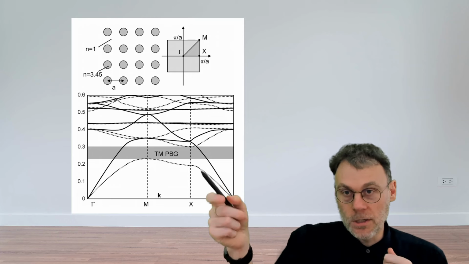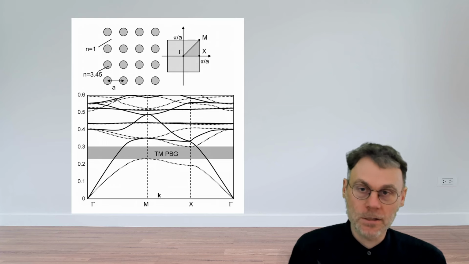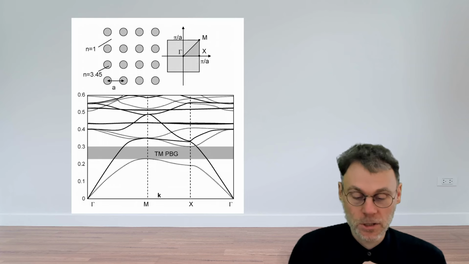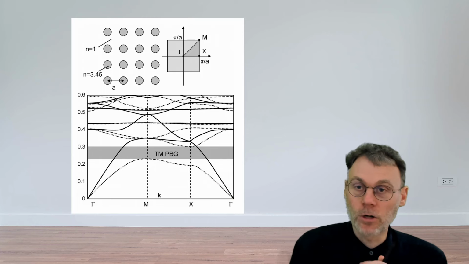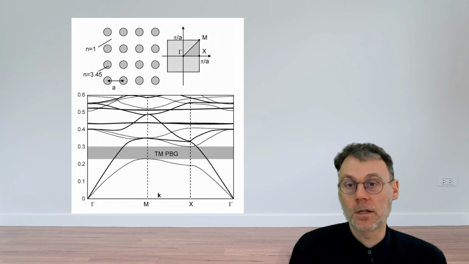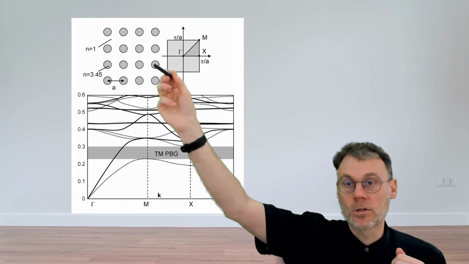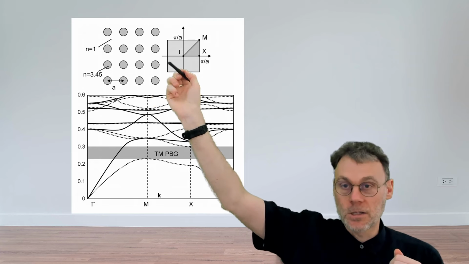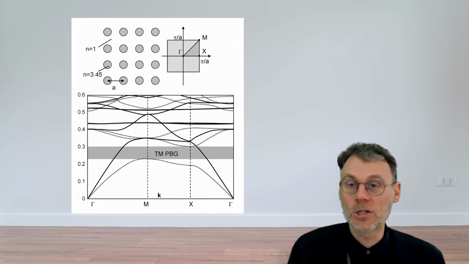You might also notice that there are two different types of lines. There are dashed lines and full lines, and they correspond to different polarizations. So the dashed line, for example, is the TM polarization. And the convention in these photonic crystal studies is that TM polarization in this case corresponds to the electric field that's parallel to the rod, so perpendicular to the image plane here.